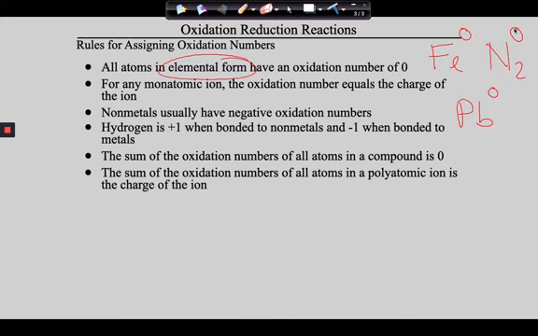It just happens to be diatomic. That also applies to iodine, bromine, chlorine, fluorine, oxygen, and hydrogen. Remember, these are the diatomics, and their oxidation numbers are understood to be 0 when they're diatomic. Is that okay? Okay.